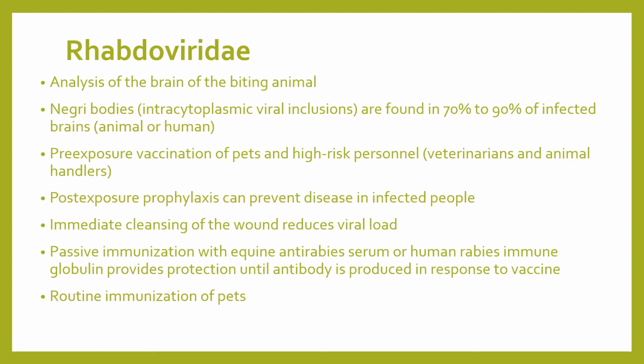Immediate cleansing of the wound is highly encouraged, as it reduces the viral load. You can also give passive immunization with equine anti-rabies serum or human rabies immunoglobulin, which provides protection until the antibodies from the vaccine are produced. It is also recommended to give anti-rabies vaccines to pets.